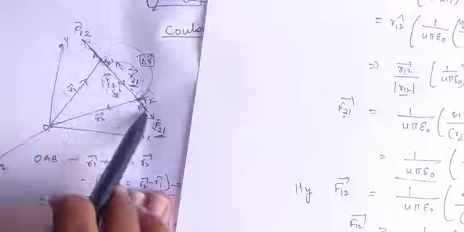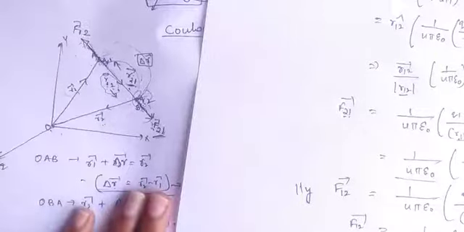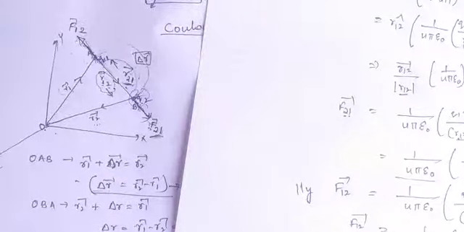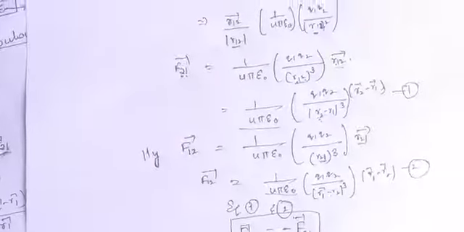The force will be in this direction and this force will be in this direction, both in opposite directions. This is Coulomb's law in vector form.